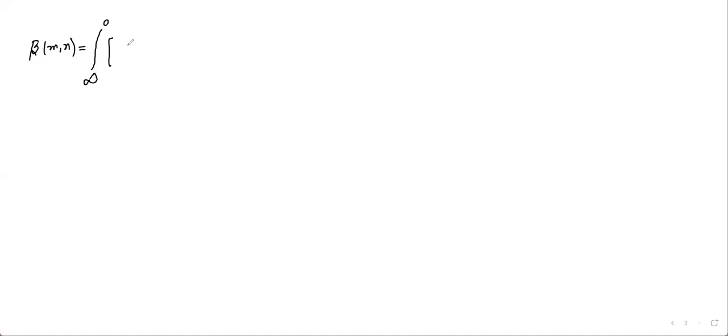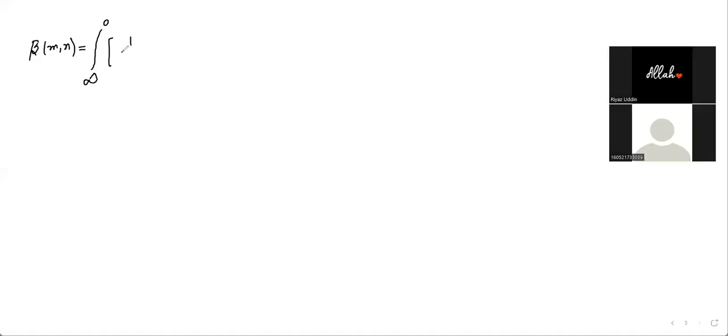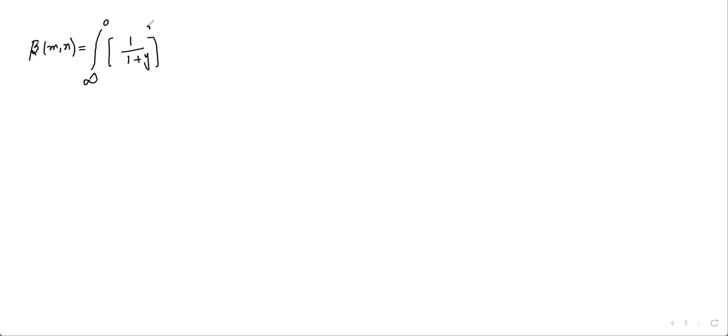So we are going to be writing 1 by 1 plus y in place of x, 1 by 1 plus y whole power m minus 1 as it is, into 1 minus 1 by 1 plus y whole to the power of n minus 1, where we are writing these values in place of the beta function, and then our dx value will be minus 1 by 1 plus y whole square into dy.